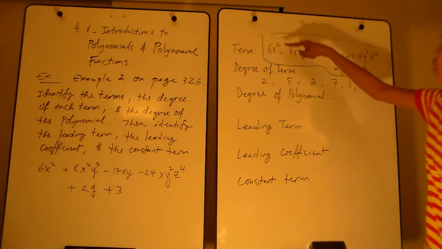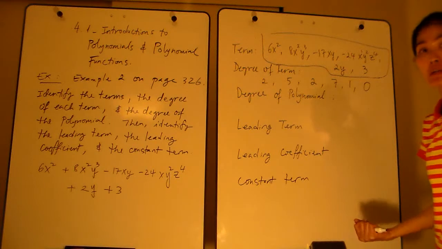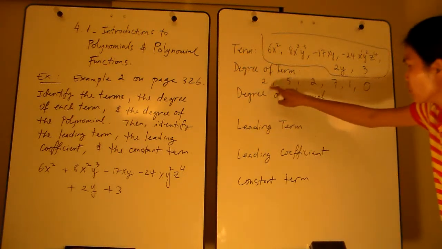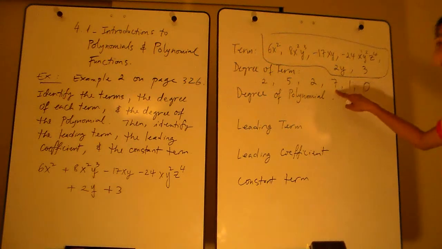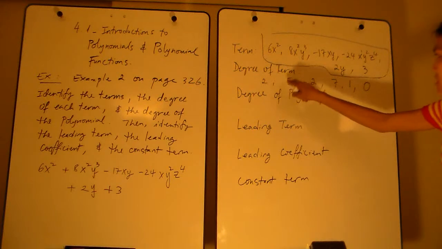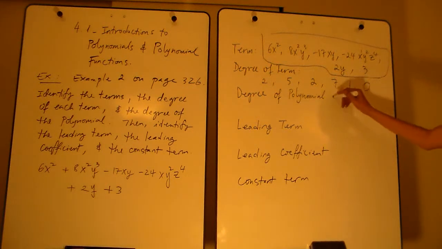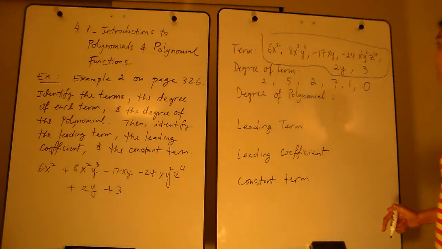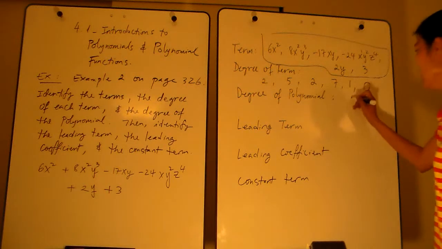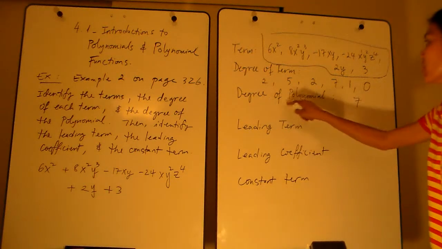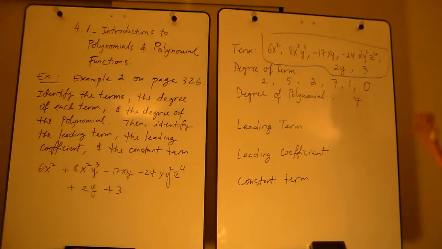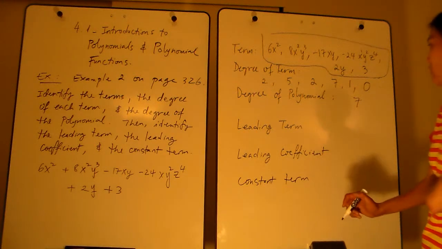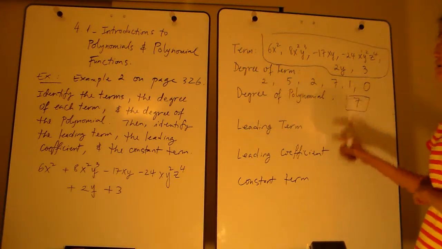So which term has the largest degree? The degrees are 2, 5, 2, 7, 1, 0. 7 is the largest, and it is the degree of the fourth term, which is negative 24 times xy squared times z to the fourth power. So the degree of the polynomial is 7.